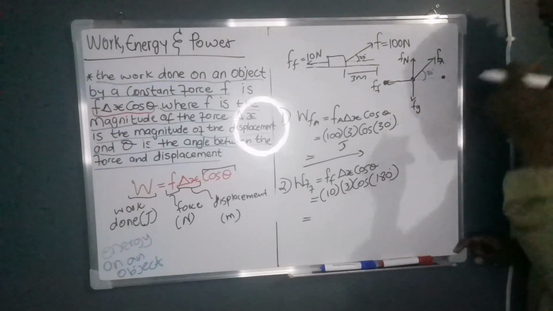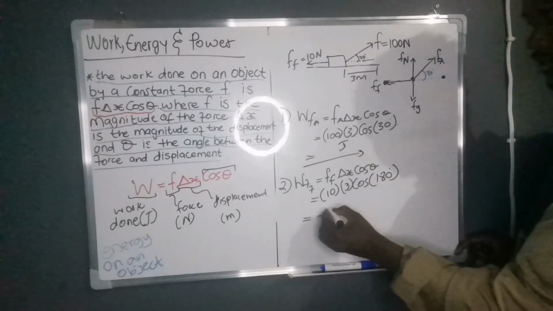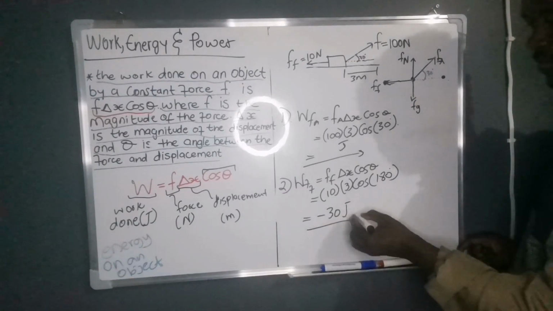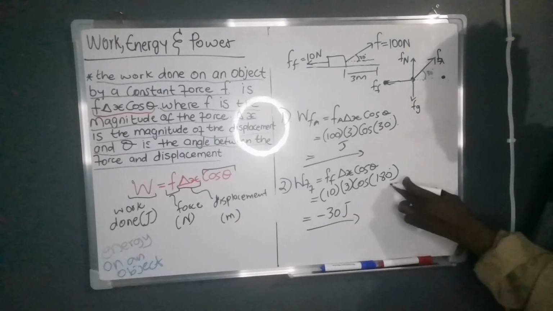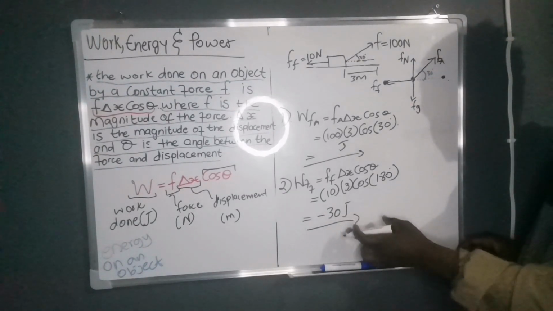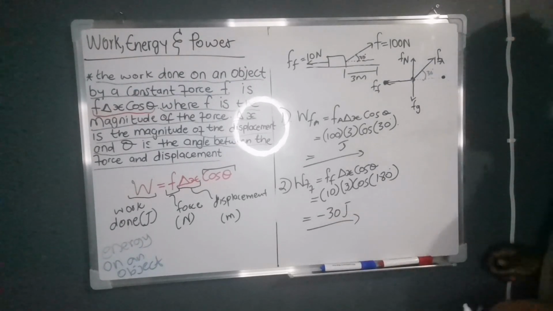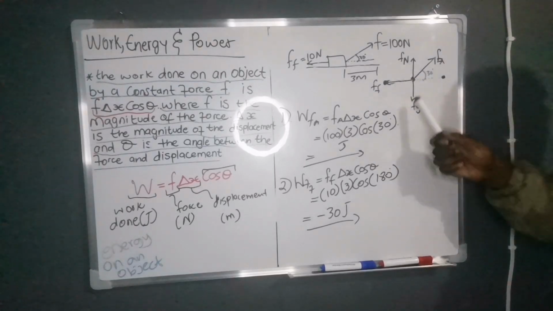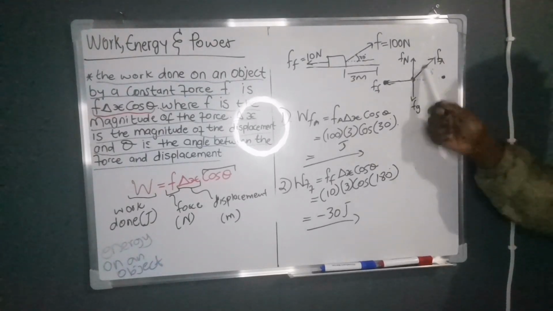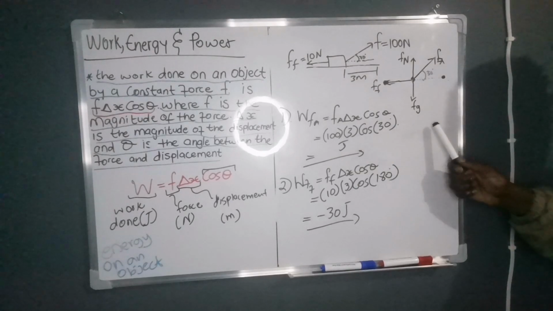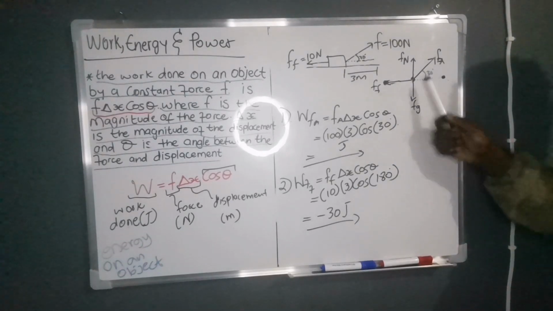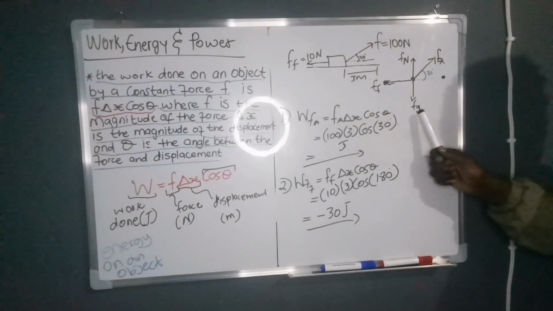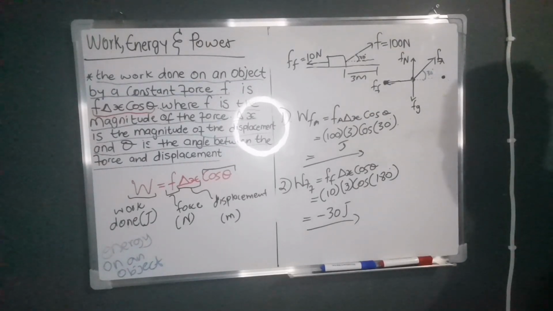So 10 times 3 is 30, and cos 180 is negative 1, so negative 1 times 30 is negative 30 joules. Negative work. Hope you understand it, guys. Now, the normal force and Fg: theta is going to be 90, and the answer is exactly the one we did in the previous example.